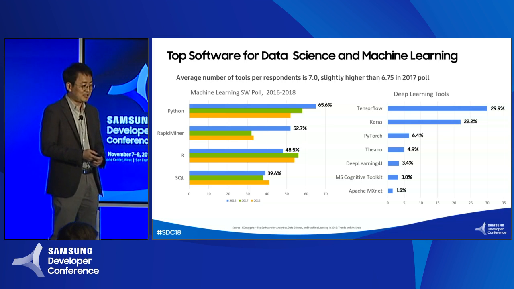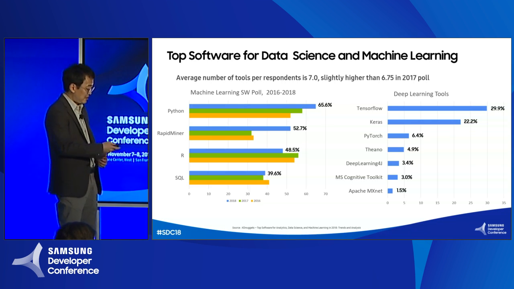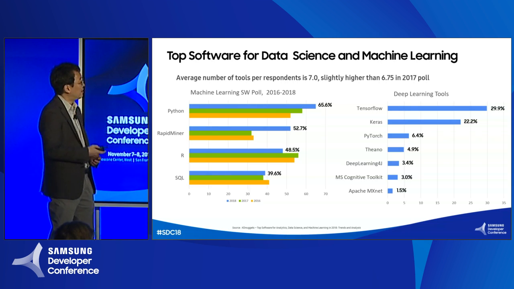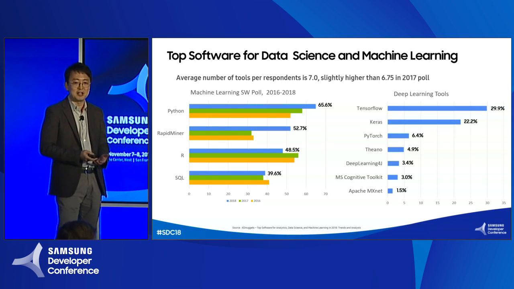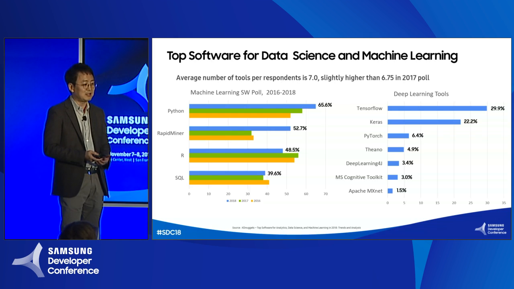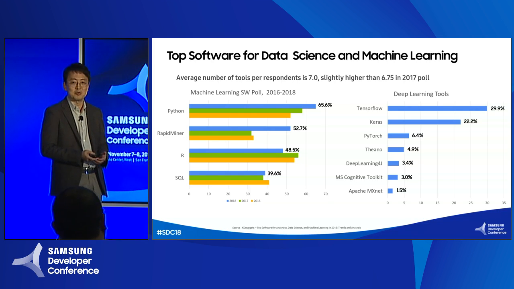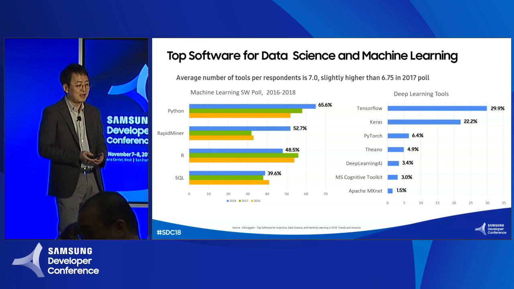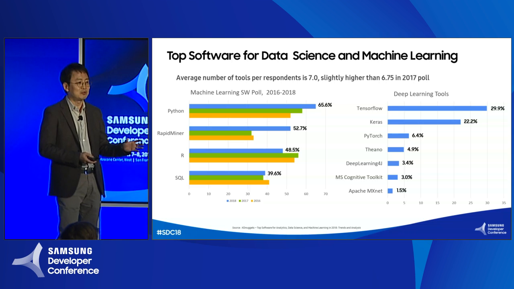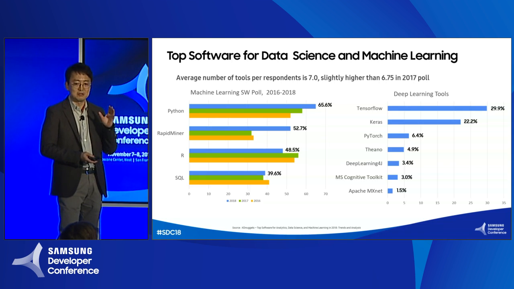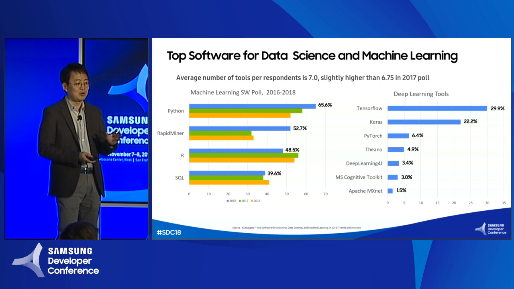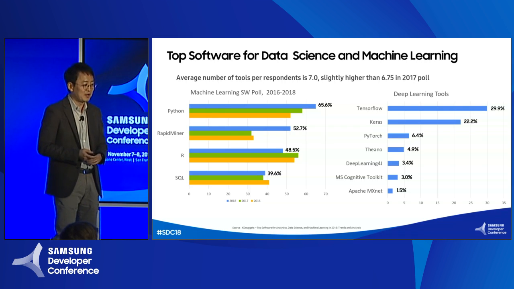What we can see here is that the average number of tools and software platforms they are using for their machine learning projects is 7.0, which is slightly higher than 6.75 last year. So it means that data scientists are using different tools and platforms for different purposes. So one size fits all doesn't work in the machine learning field.